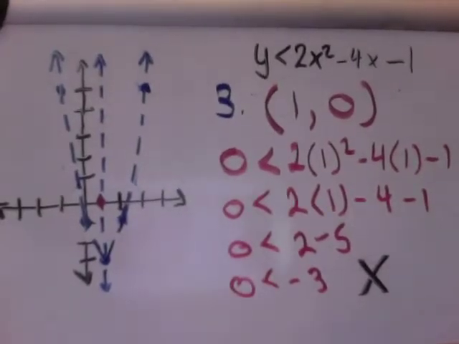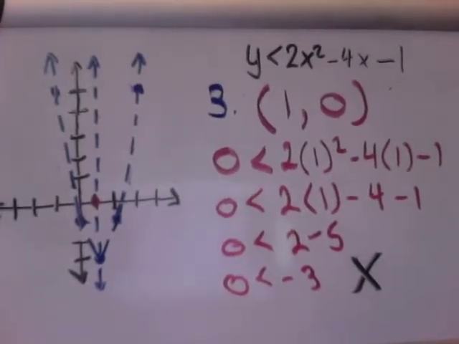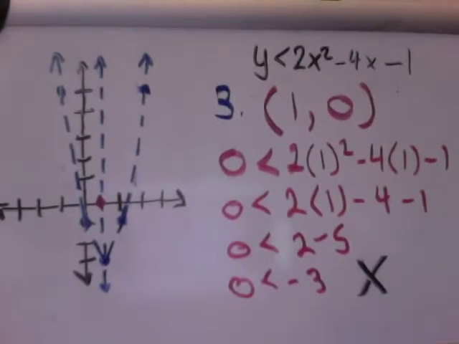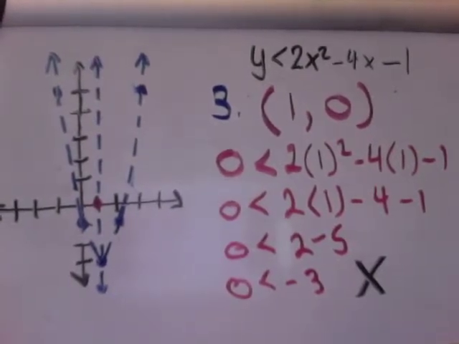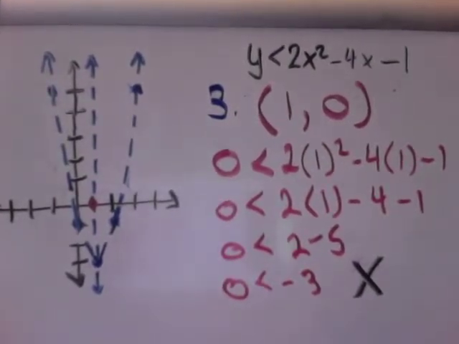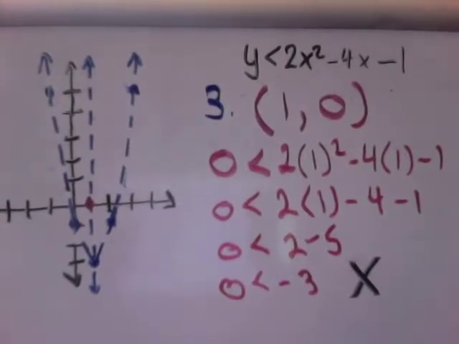We will now test the point 1, 0, which is inside the parabola, to see if it is a solution to the inequality. We have 0 is less than 2 times 1 squared minus 4 times 1 minus 1. This simplifies to 0 is less than 2 times 1, because 1 squared is equal to 1, minus 4 minus 1.